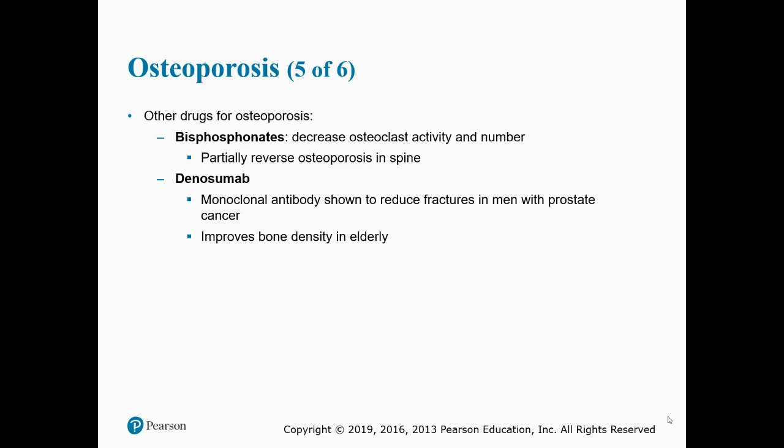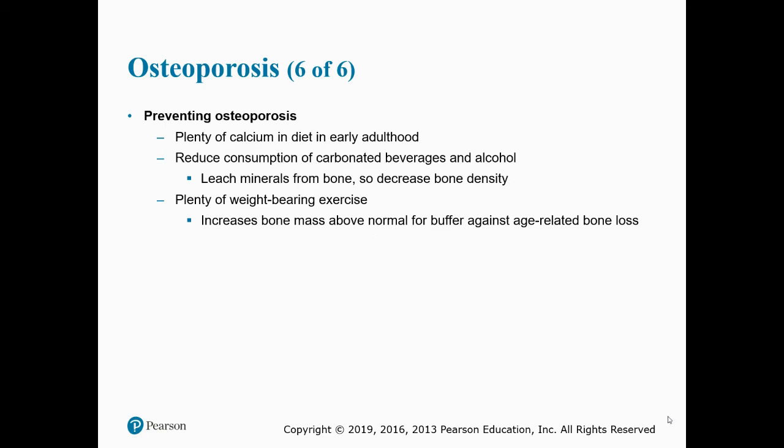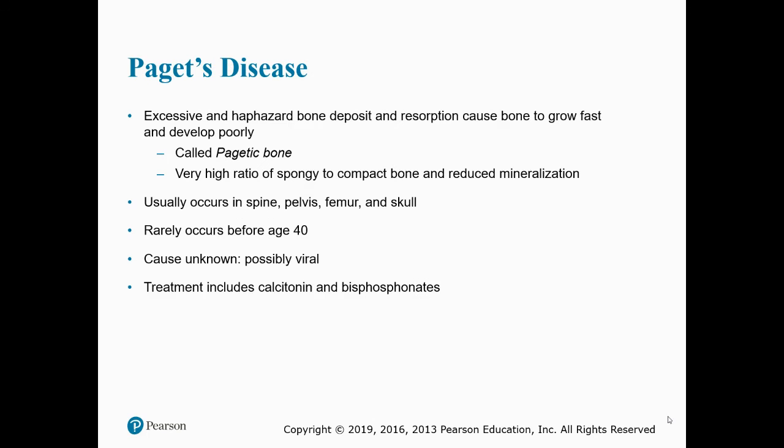Now, another disease that can come from abnormal bone growth, which is quite interesting to me, is called Paget's disease, right? And what happens with this is we get an increase in the amount of spongy bone to compact bone that we're laying down. This is occurring because of the decreasing amount of mineralization.